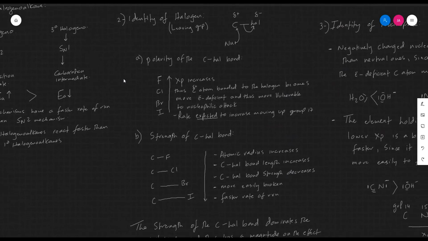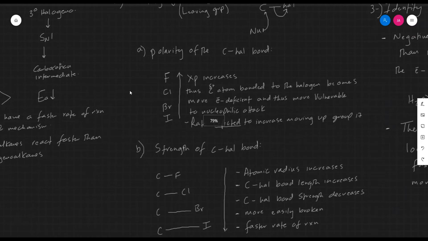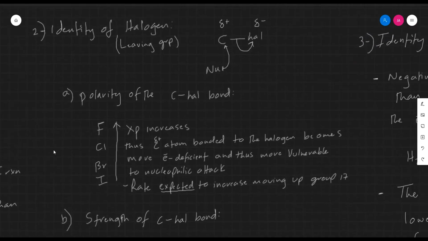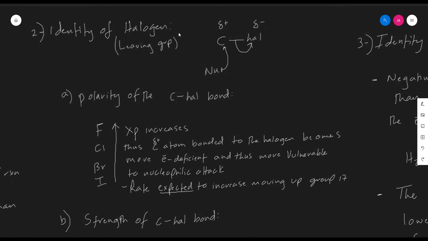As for the second factor affecting the rate of nucleophilic substitution, which is the identity of the halogen, the identity of the leaving group, it affects the rate of reaction in two different ways, which contradict one another, but one's effect is more dominant over the other.